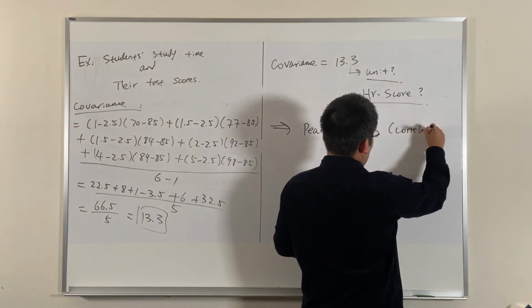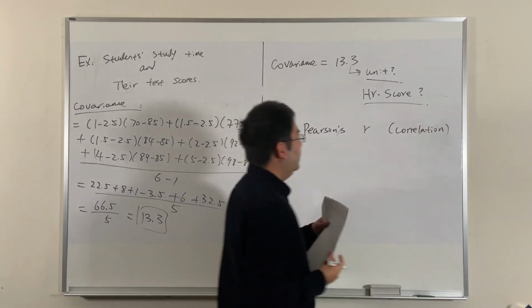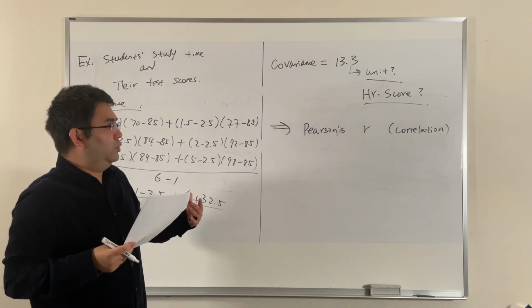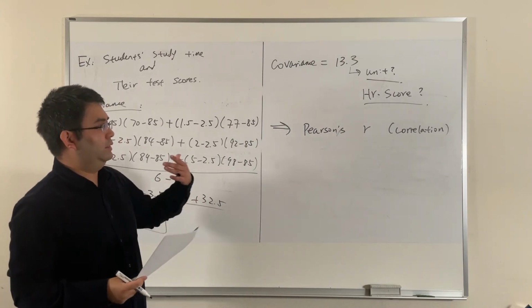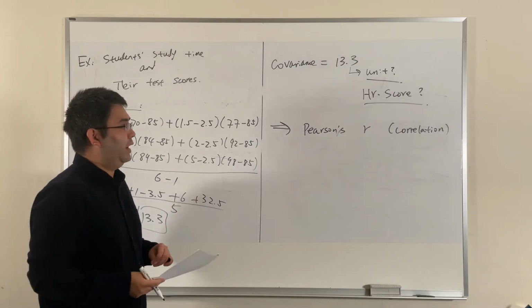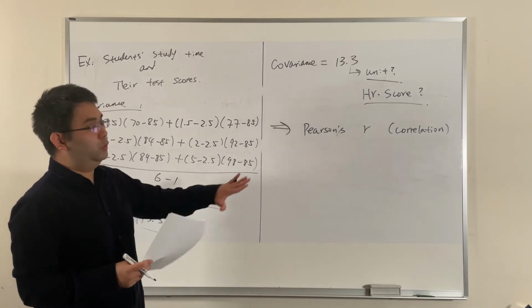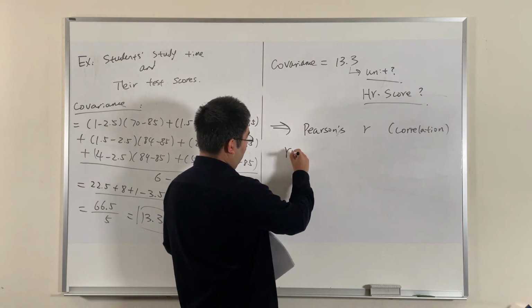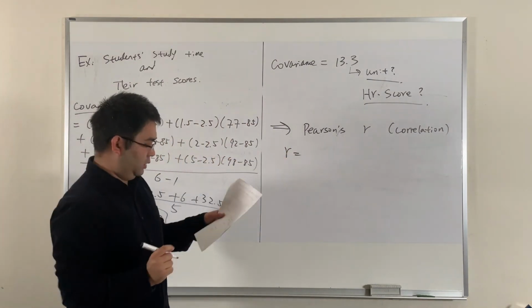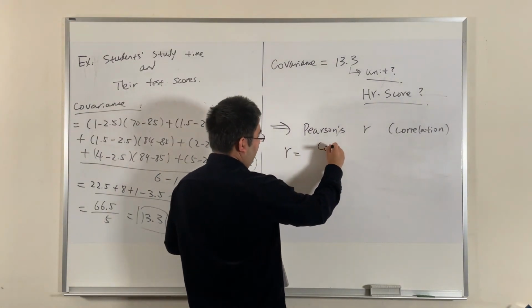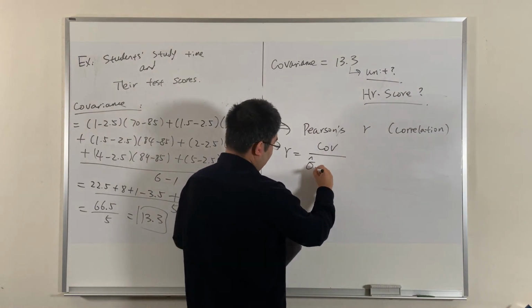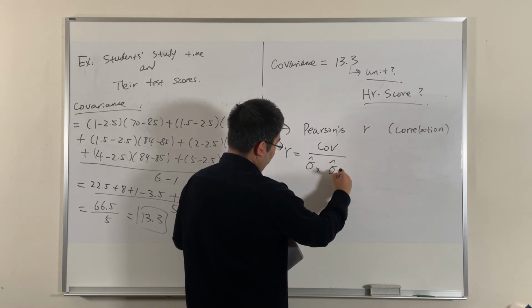Correlation R tends to correct this problem because it helps you correct the unit problem, and it sets a standard value that you can compare between data sets. The formula is R, meaning Pearson's R, equals covariance divided by sigma hat x and sigma hat y.